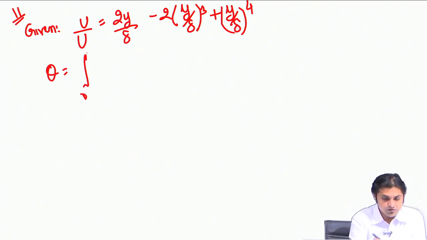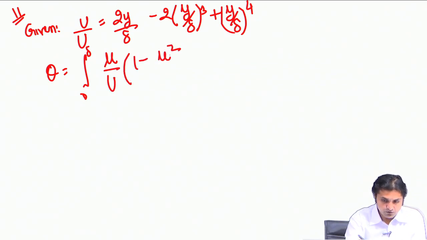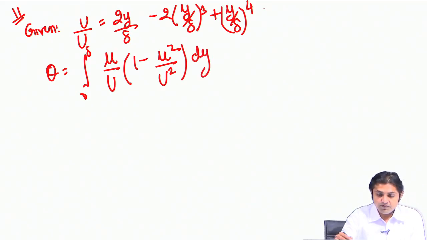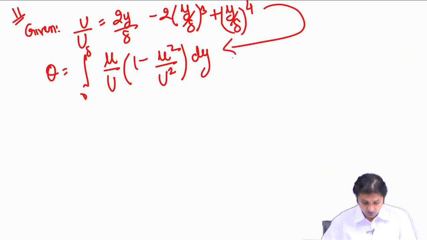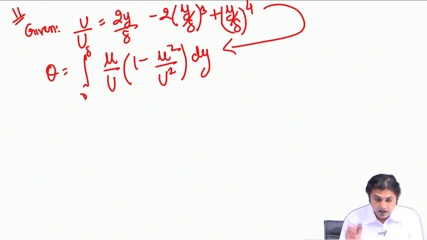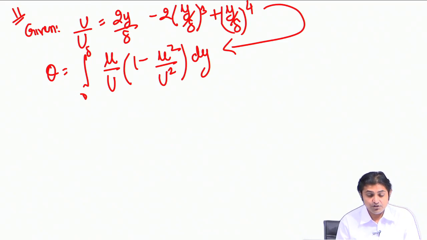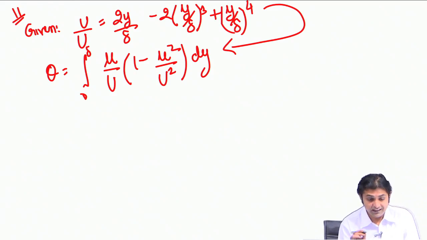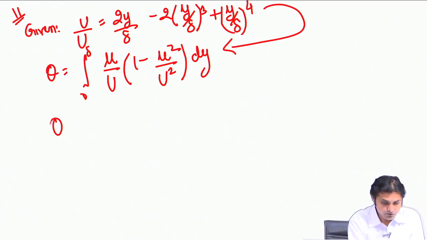It's the integral from 0 to delta of u by capital U into 1 minus u square by capital U square dy. So you substitute this profile in this equation, and after substituting you integrate with respect to y from 0 to delta.